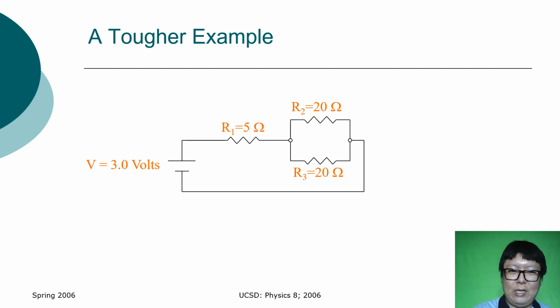And this question didn't give any internal resistance, so the r is 0. That's why we can assume that the terminal voltage is 3 volt. So we start with finding the effective resistor, or the total resistor.